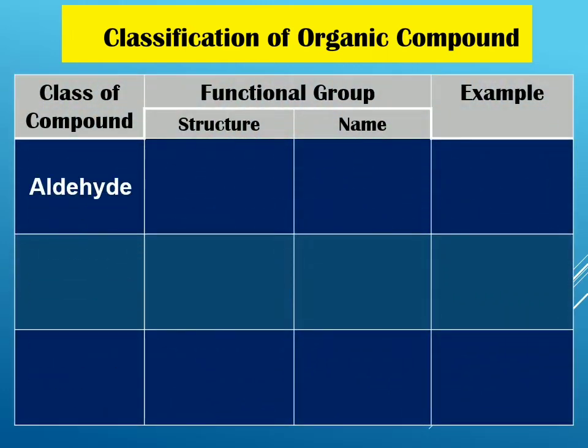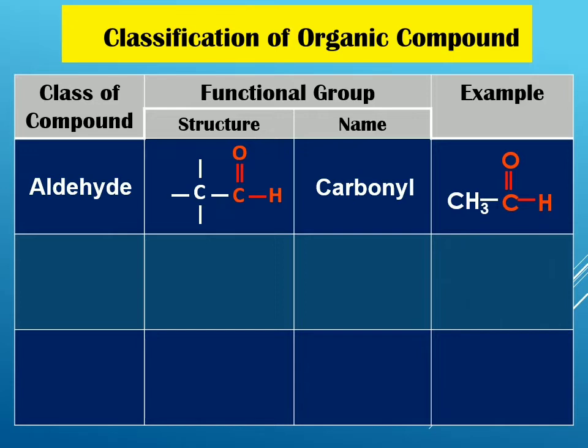For aldehyde, its functional group is made of C double bond O and an H. So it is named the carbonyl group. For example, ethanal.